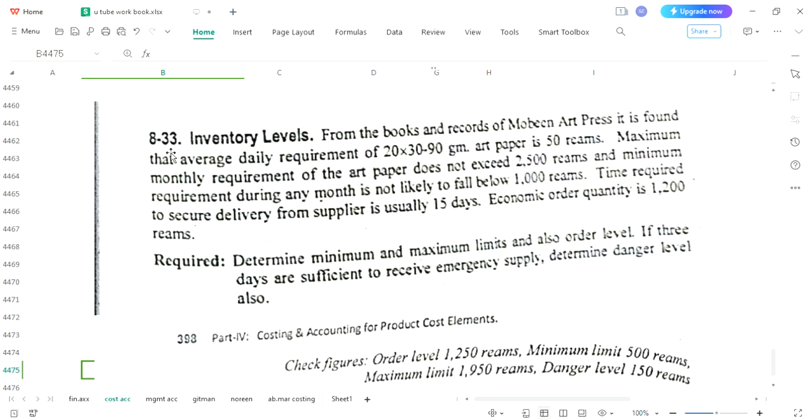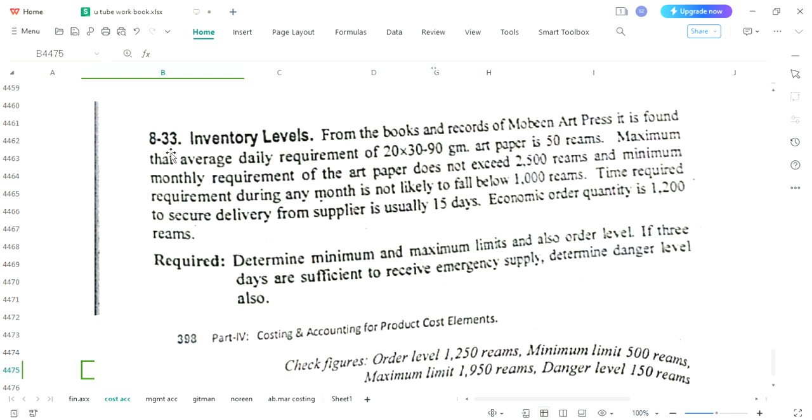It's very important to know how many units we should consider to give an order, how many units should be present at maximum level, and how many units should be present in our store at minimum level, and finally we will see the danger level. These are a few factors related to the material inventory system.